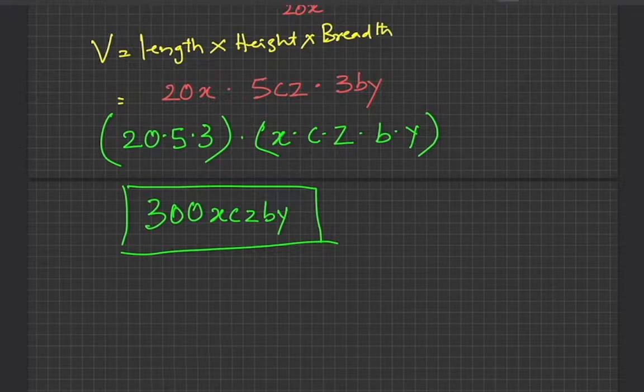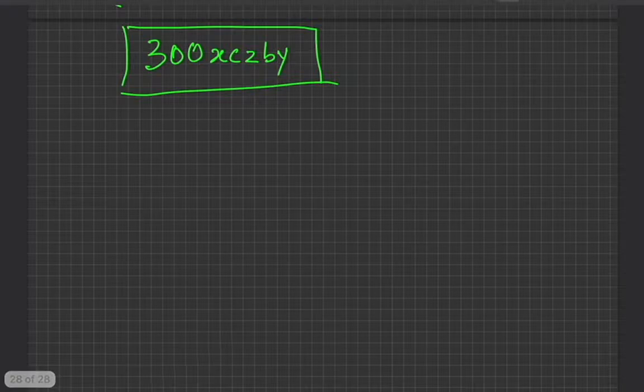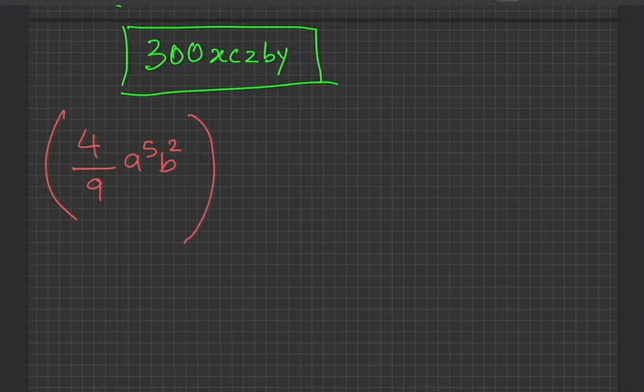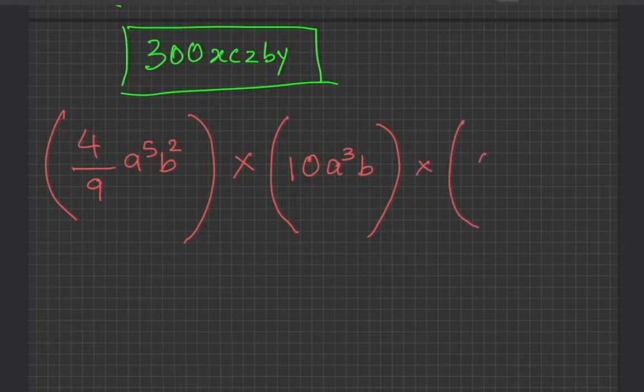Okay. Nice. Let's take another one. Let's say 4 by 9 a to the power 5 b to the power 2 is one term, multiplied by another term, that is 10 a cubed b, and again multiplied by a third term, let's say constant 6.